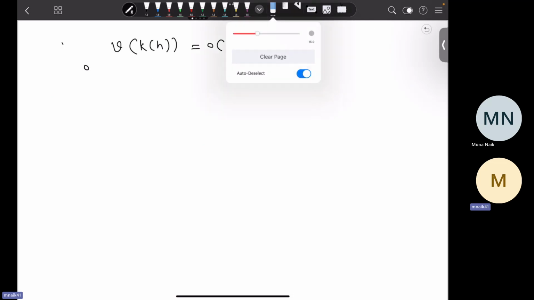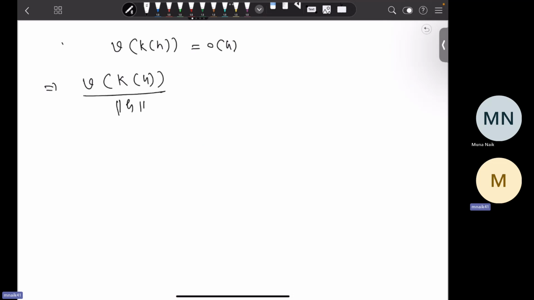So I have to estimate this thing b of kh by norm of kh. As to understand the idea first, we will write the proof later.